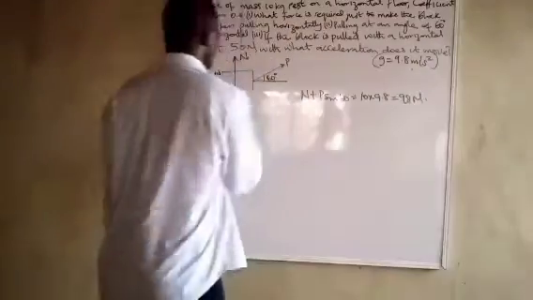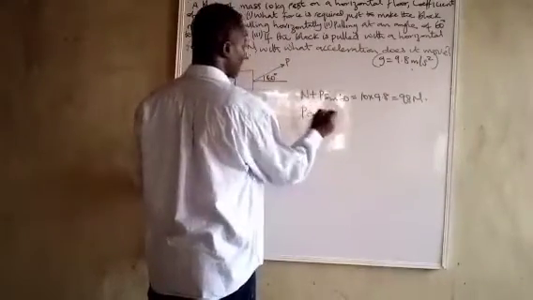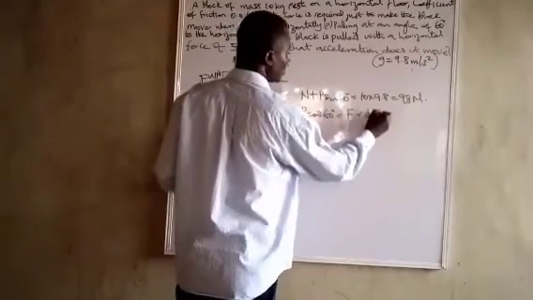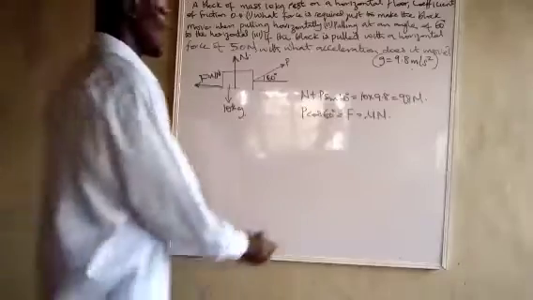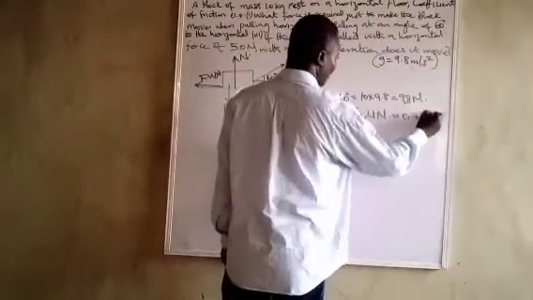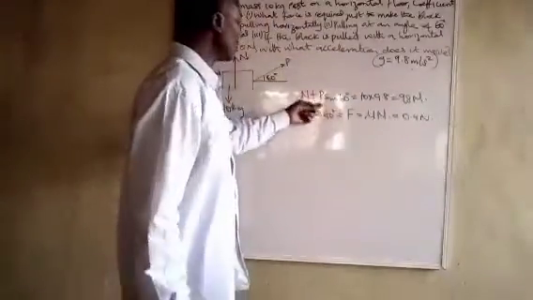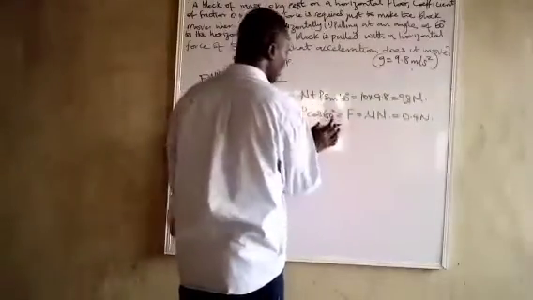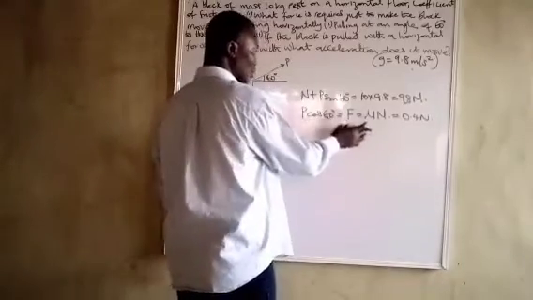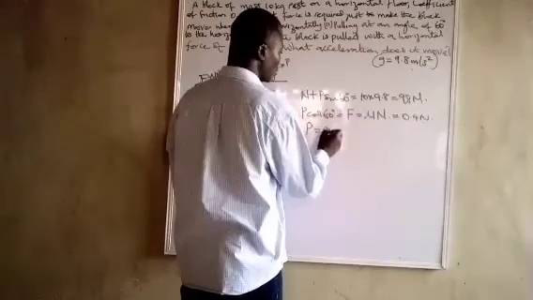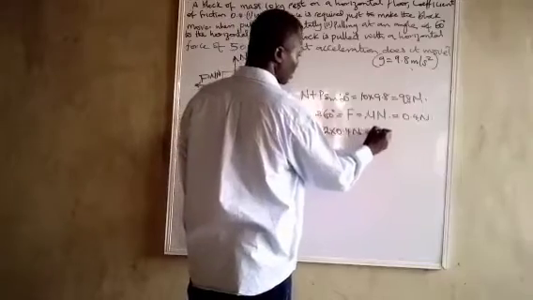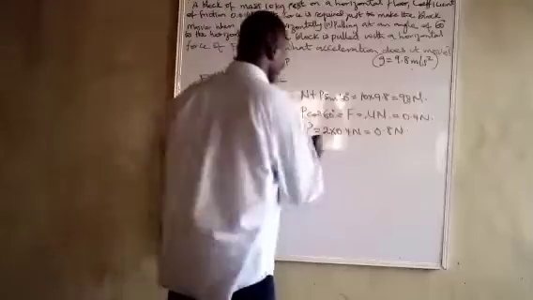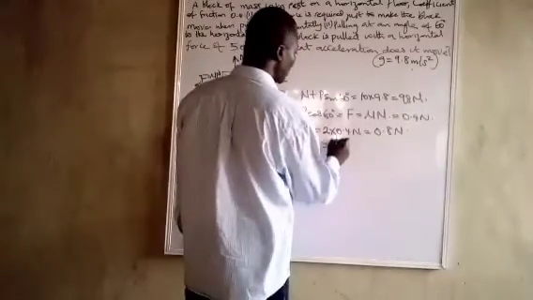We also realize that P cos 60 is equal to F, which is equal to mu N, which is 0.4 N. All we need to do now is eliminate N and then get P. We know that cos 60 is 0.5. Therefore, P will be equal to 2 times 0.4 N, which is 0.8 N. So N will be equal to P over 0.8.